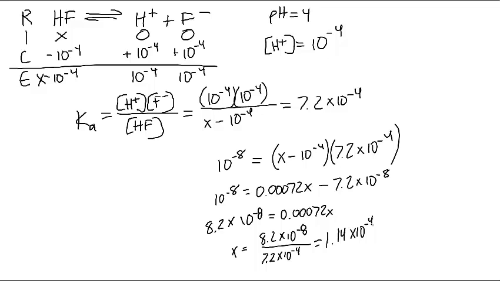So I'm glad we did this, because it makes a good point. I dissolved 1.14 times 10 to the negative fourth. It turns out at this low a concentration, what percentage of them actually dissociated?